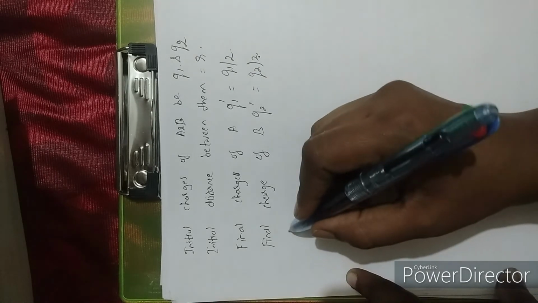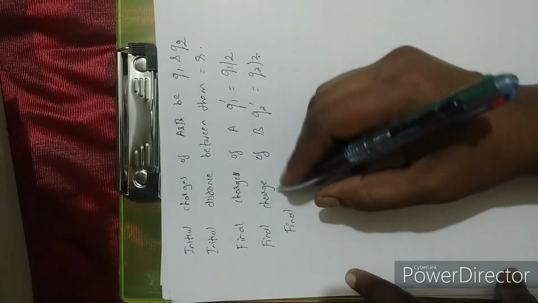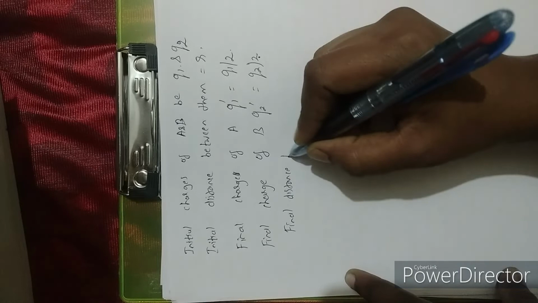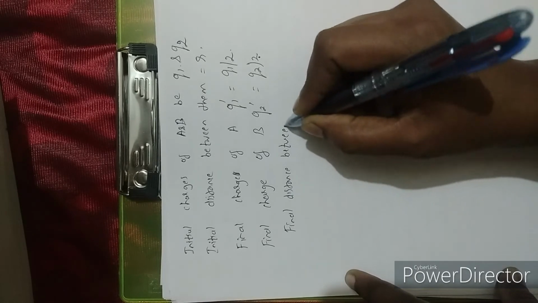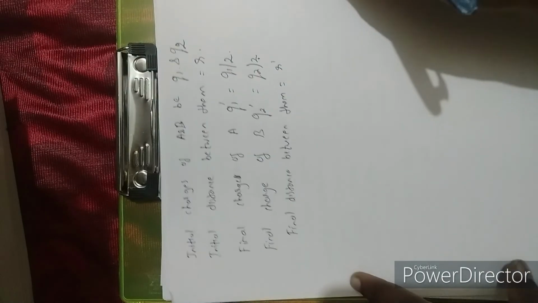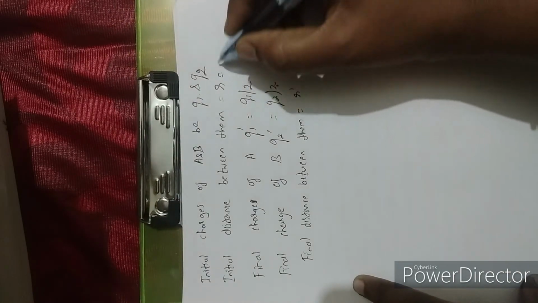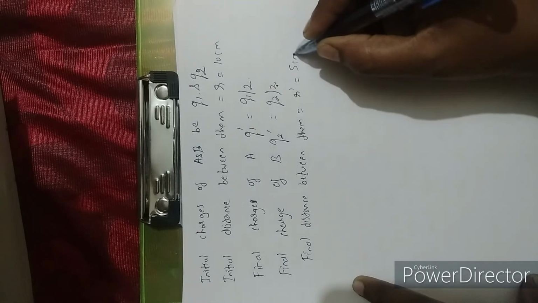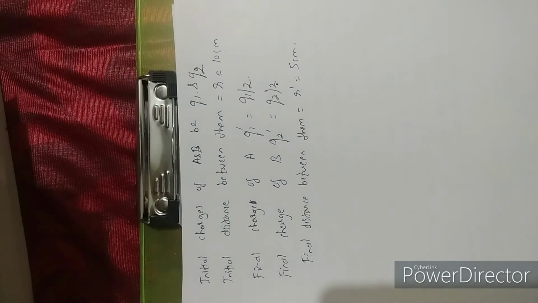Okay, right? And what is the final distance between the charges? Let's take the final distance between them to be equal to R dash. Now actually we know the value of R to be 10 centimeter, and R dash to be 5 centimeter. So now what are we going to do?